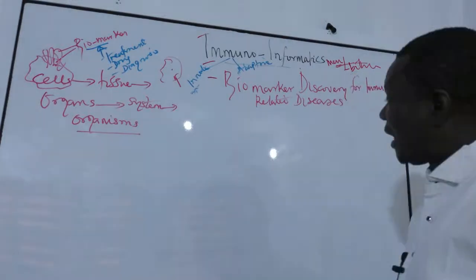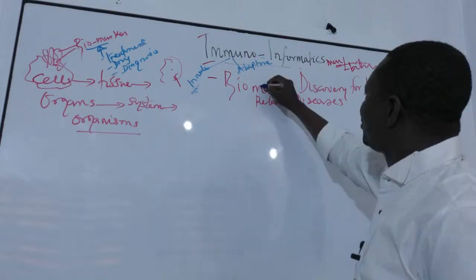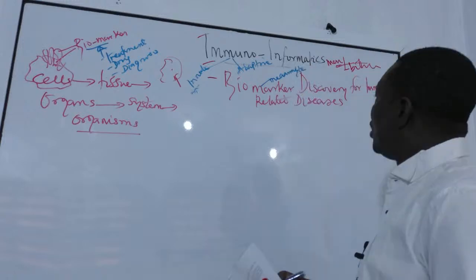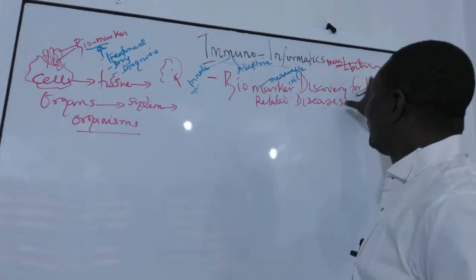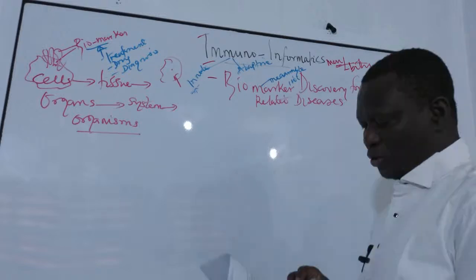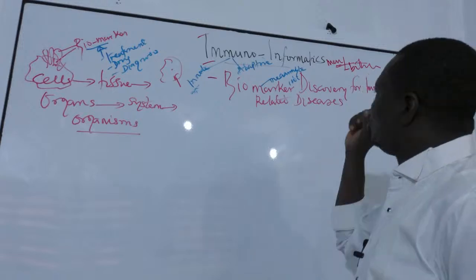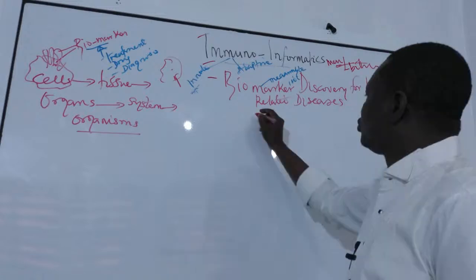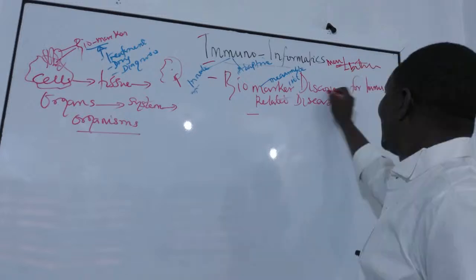So biomarkers are nothing but measurable indicators of disease conditions. There are some biomarkers that you can actually use to predict and diagnose immune-related diseases.